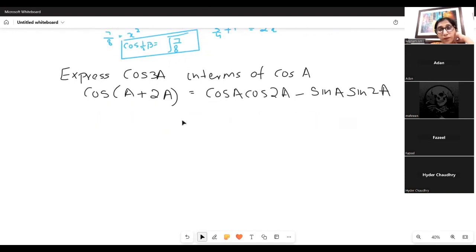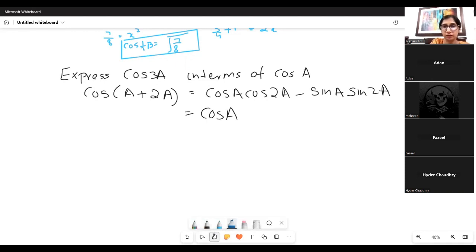Okay. Still, we don't have everything in terms of cos A. We are just allowed to use cos A and nothing else. So this would be cos A. This does not change. What do we change this into? Can we change it into cos A?